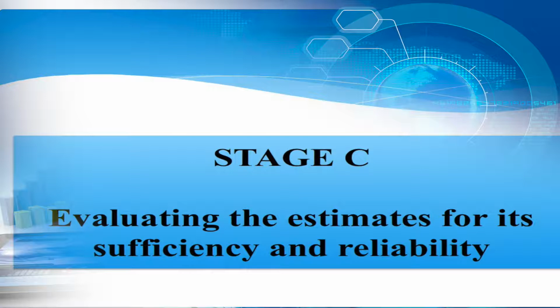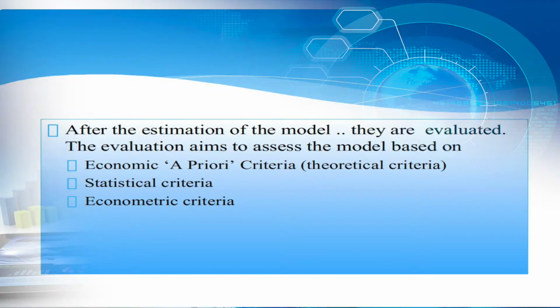Now we come to the stage C. In the stage C, the estimated regression coefficients are evaluated. So, after the estimation of the model, the econometricians proceed to the evaluation of the results of the model.